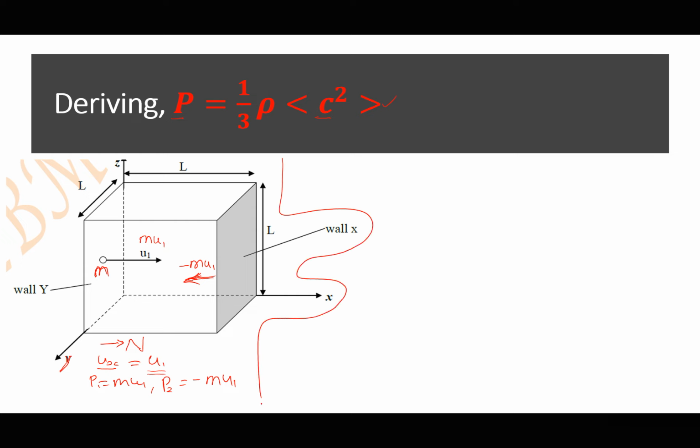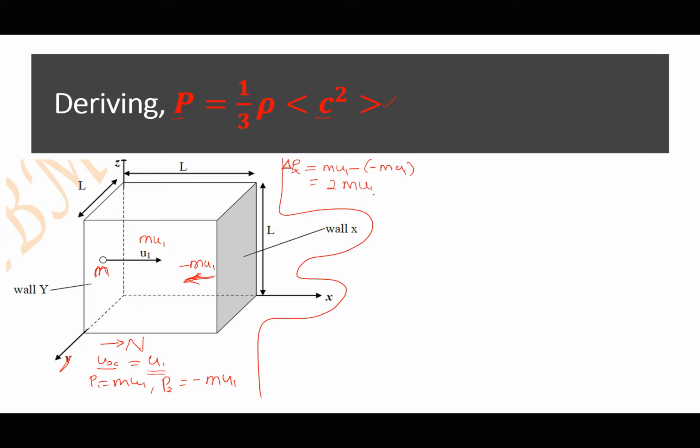So what has been the change in the momentum? The x component of momentum, which I will simply call px, has experienced a change. The change in the x component of momentum, delta px, is equal to m u1 minus negative m u1, which is twice m u1.